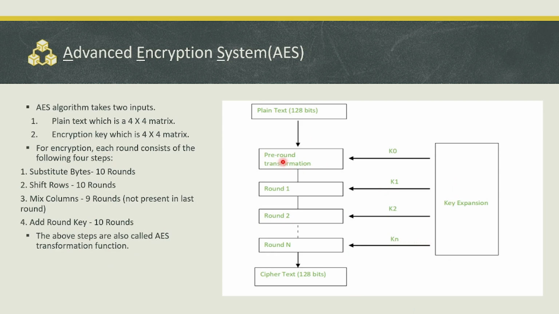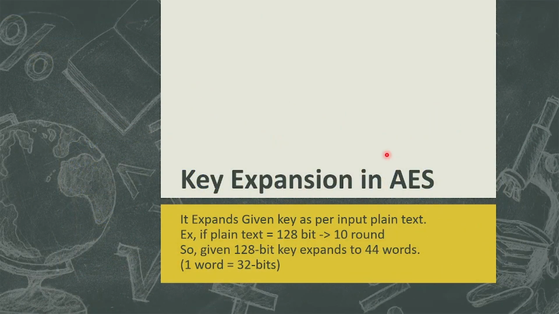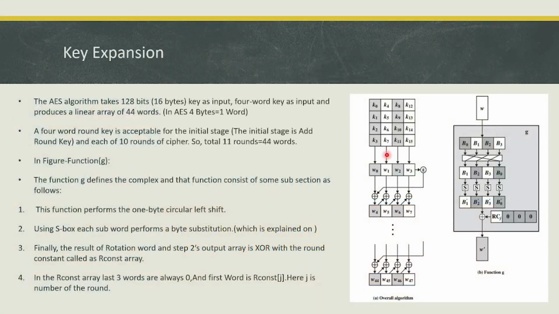You can see that the pre-round transformation will need 4 words, round 1 will need 4 words, and according to that, 10 rounds will need a total of 40 words, plus 4 for the pre-round, and that's how we have to expand our key into 44 words.